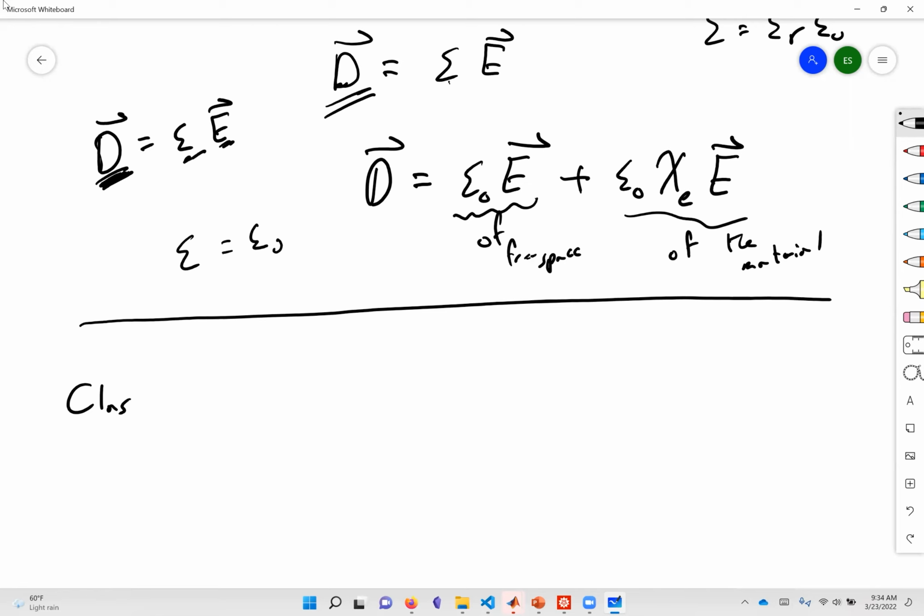The question is, is this constant the same at every point in space? Does this constant vary with respect to direction? Is this constant linear? The nature of this constant gives you the type of the dielectric material. So we want to talk about classification of dielectric materials.